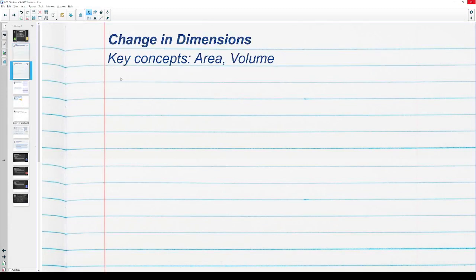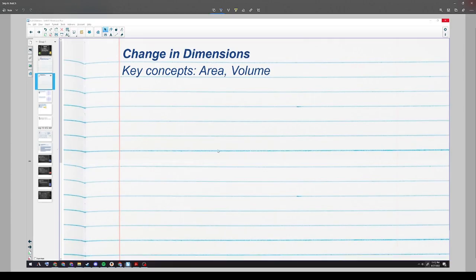So our other concept, which you have learned before as well, it's usually a struggle when we learn this one, is called change in dimensions. Change in dimensions has to do with how k affects area and volume.